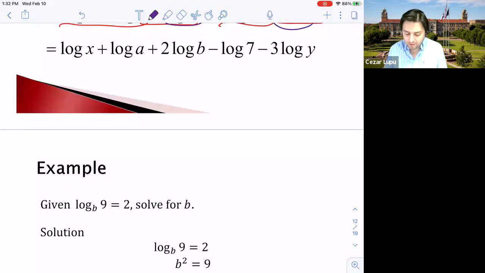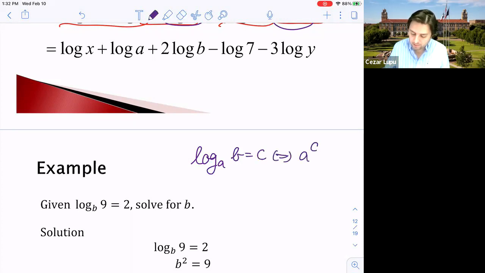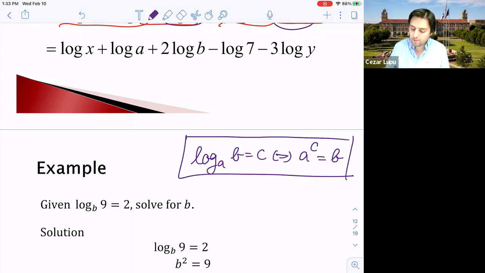Why is that? Usually when you have log in base a of b equals c, this is equivalent with saying that a to the power c equals b. So always we have that. Right?